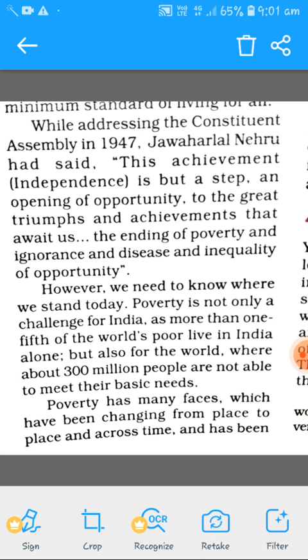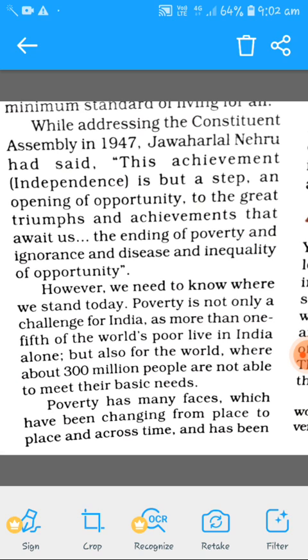However, we need to know where we stand today. Poverty is not only a challenge for India, as more than one-fifth of the world's poor live in India alone, but also for the world, where about 300 million people are not able to meet their basic needs. Okay? But we got to know that one of the objectives of Jawaharlal Nehru was to remove poverty right from independence.